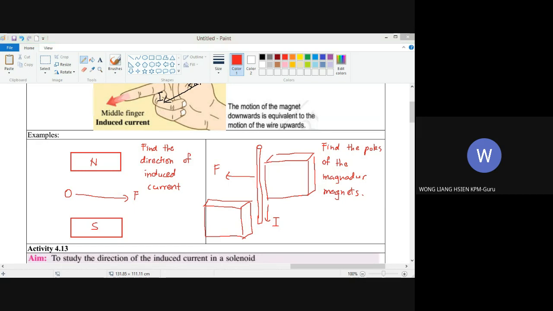Inward, very good. Ananti, very good. You are correct. So for this one, the direction of the induced current is into the paper.